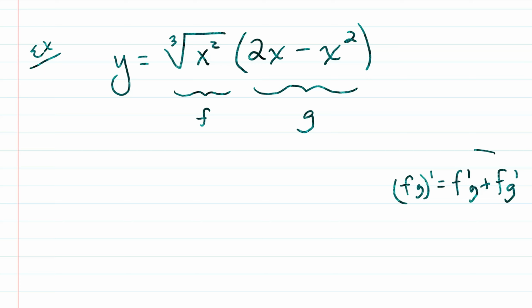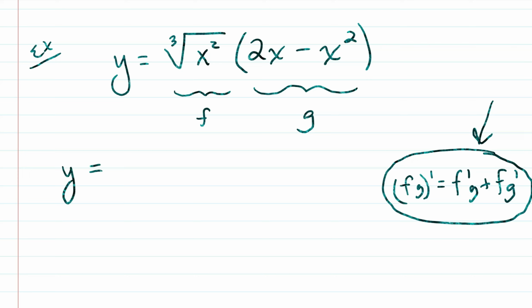So just recall the product rule. Just have it written down right next to you until you do many problems and then eventually you come to memorize it. So the product rule says to take the derivative of the first function. Well, first, maybe we should make things a little bit easier for us. Whenever we have a radical, when we're doing calculus, we should try to change that to something with a rational exponent.